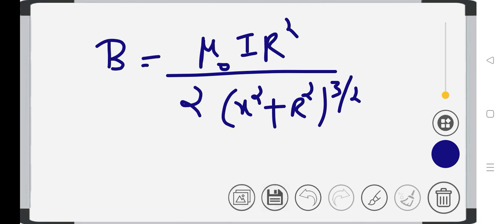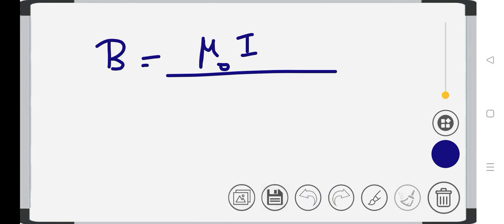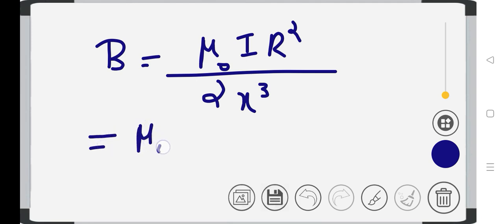When x is very much greater than r, we can neglect r in the denominator. So what remains is x square raised to 3 by 2, that is x cube in the denominator. So we get mu 0 I r square by 2 x cube.